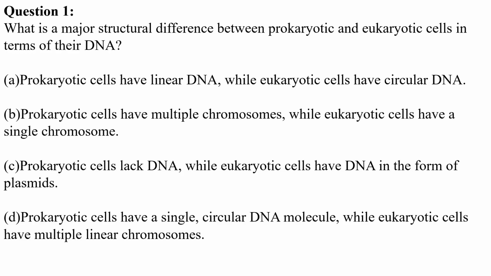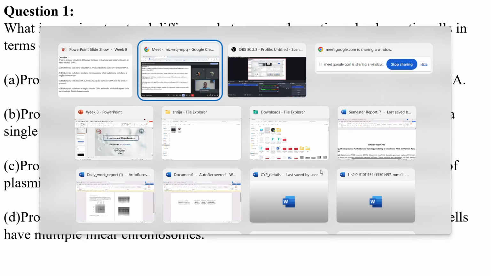Option C, prokaryotic cells lack DNA while eukaryotic cells have DNA in the form of plasmids. Option D, prokaryotic cells have a single circular DNA molecule while eukaryotic cells have multiple linear chromosomes. So, what is the major difference between the prokaryotic and eukaryotic cells?